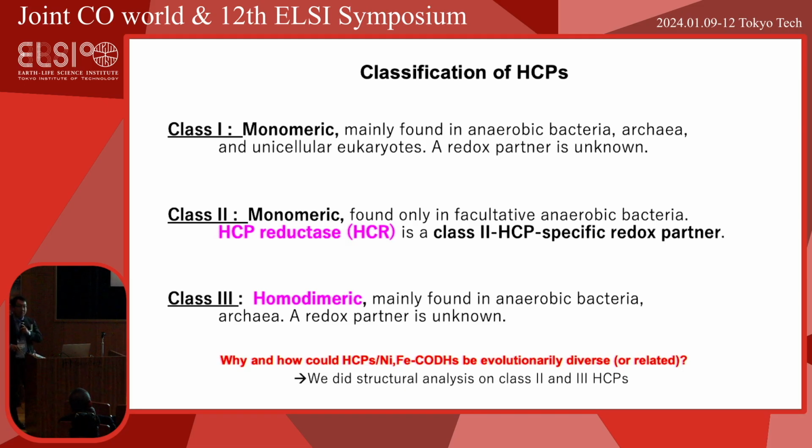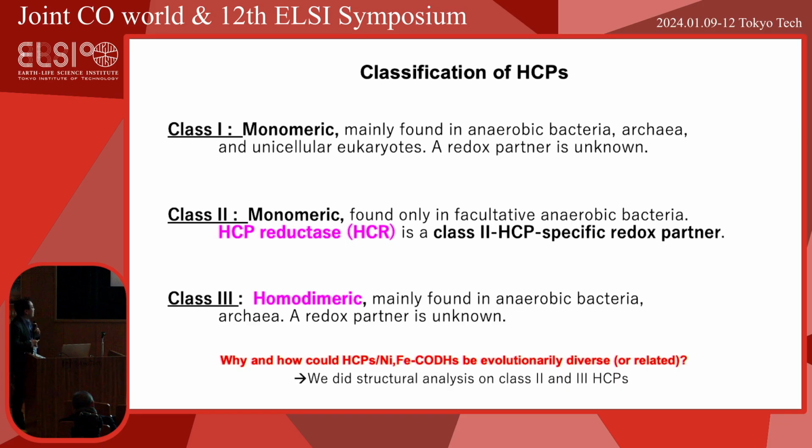And classification of HCPs is also important to think of the evolutionary history of HCPs and CODHs. Actually, there are three different classes of HCPs, like CODHs. Class 1 is monomeric, and the structure is solved, and it is mainly found in anaerobic microorganisms: bacteria, archaea, and even unicellular prokaryotes.